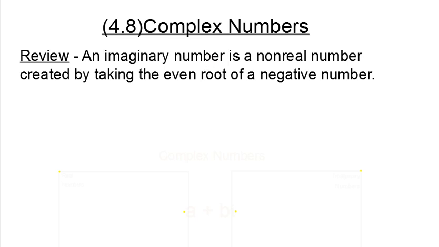So what that means is that if I square root a negative, or fourth root for that matter, I always produce an imaginary value, something that's not part of the real number system. Now remember, earlier in the year we talked about the real number system as being things like natural numbers, whole numbers, integers, rational numbers, and irrational numbers.